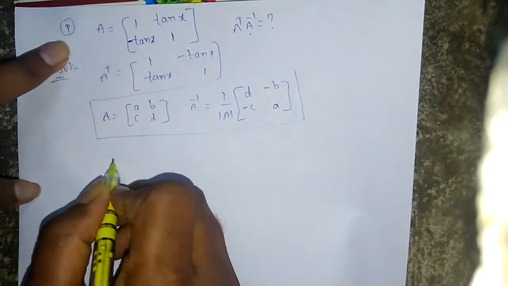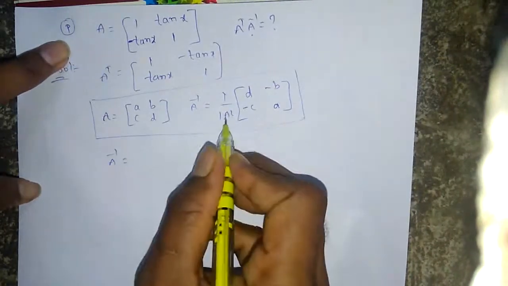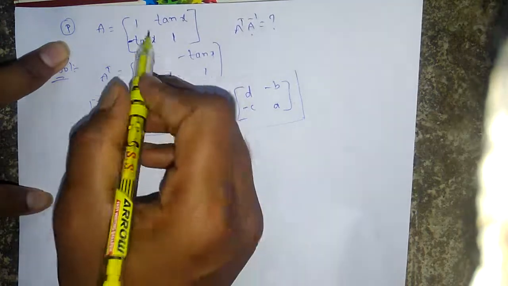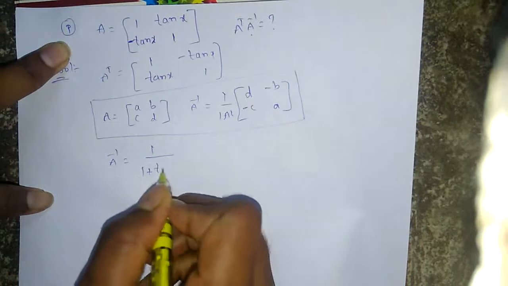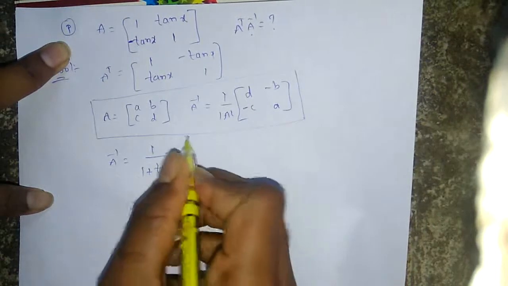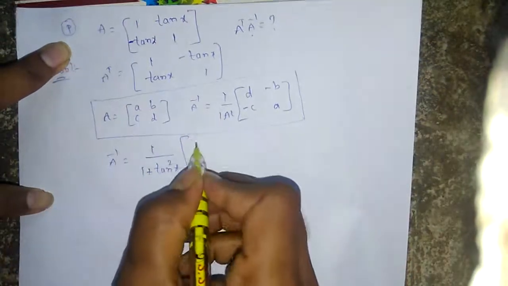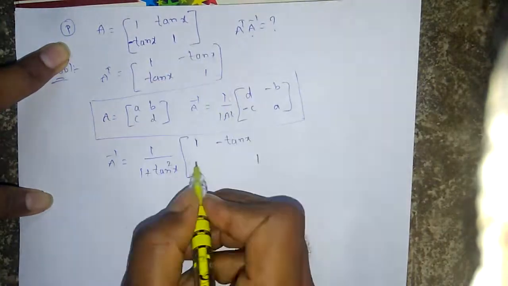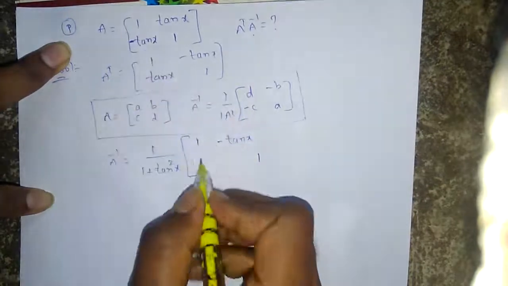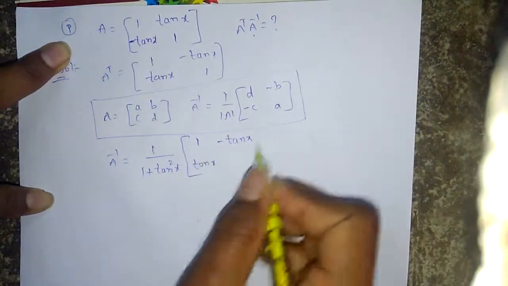Here A inverse will be 1 by det A, that is ad minus bc, which is 1 by 1 plus tan square x. Interchange the diagonal elements, that is 1, 1, and put minus sign for non-diagonal elements. Here minus of minus tan x is tan x.